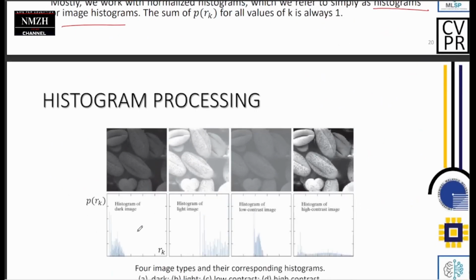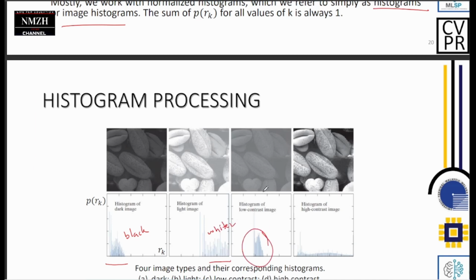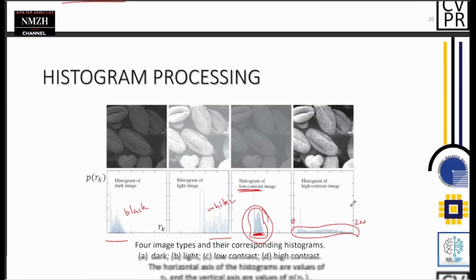Okay, so this part reflects darker, and this part reflects whiter, and this part reflects low contrast because it focuses on certain parts only. And the best quality of the images is basically when the RK values are scattered from 0 to 255, let's say for 8-bit images, right?